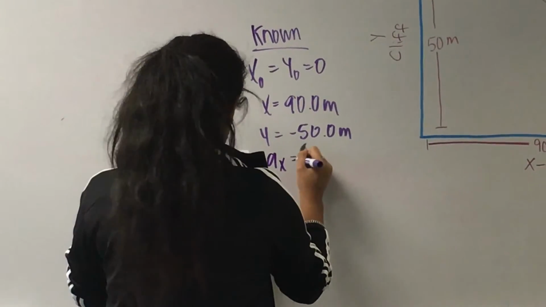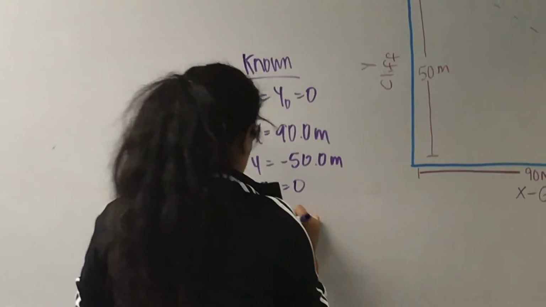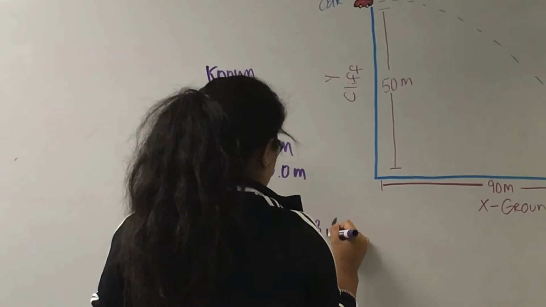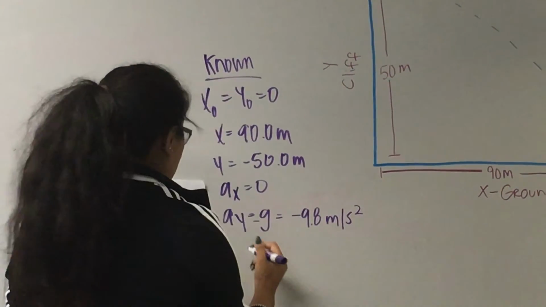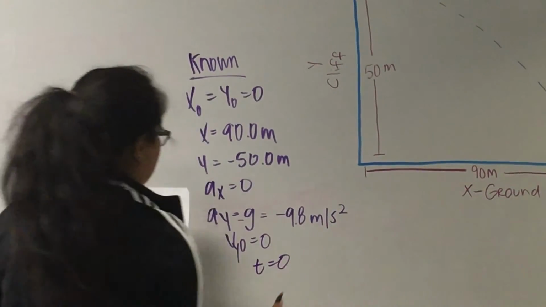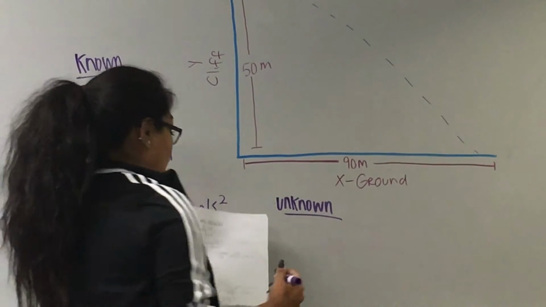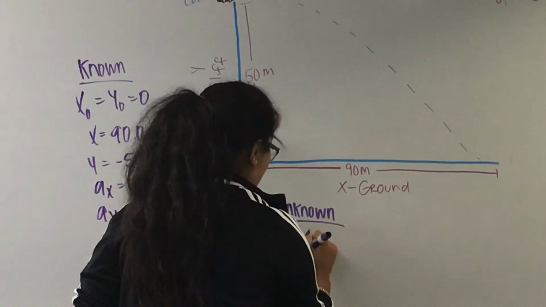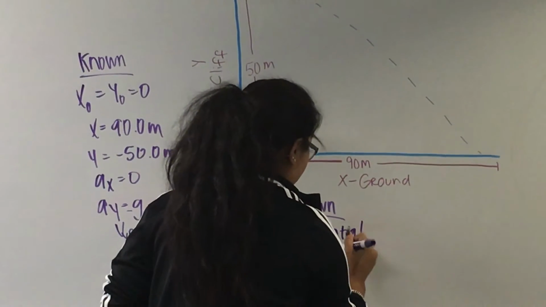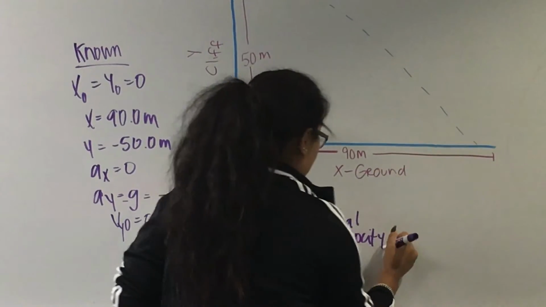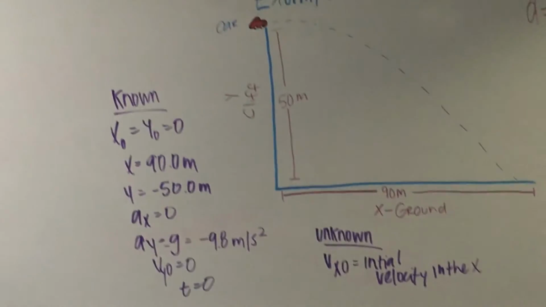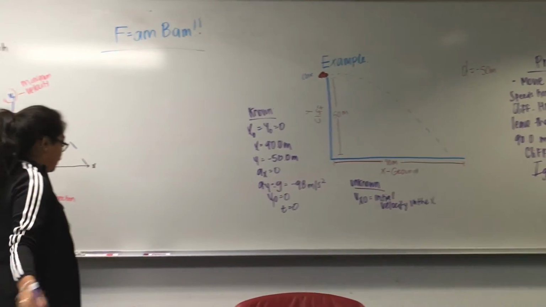Our acceleration in the x is 0, and our acceleration in the y is g, which equals negative 9.8 meters per second squared. We also know our vy naught, which equals 0, and our acceleration in the x. In order to solve this problem, we have to work it out using these equations.